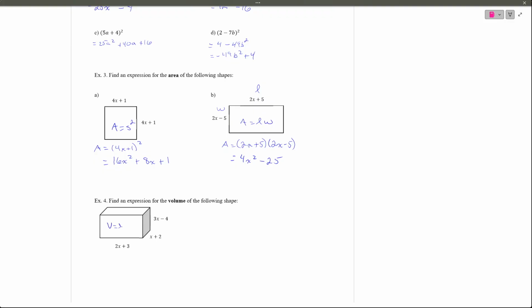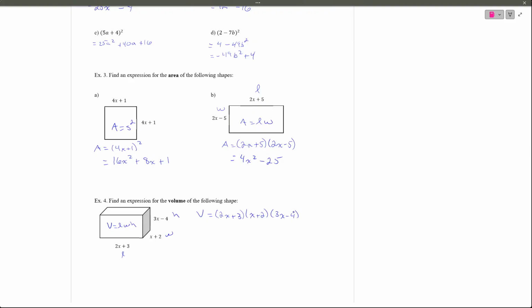Volume is equal to length times width times height. So if this is the length, this is the width, and this is the height, here's our formula. Volume is equal to the length, which is 2x plus 3, multiplied by our width, which is x plus 2, multiplied by our height, which is 3x minus 4.